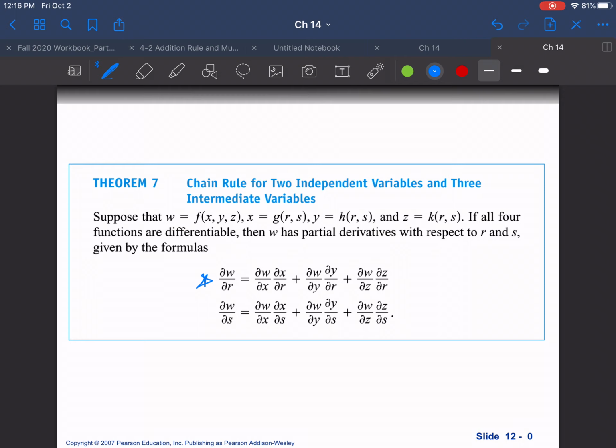Notice now the big difference here is this stayed a partial derivative, but this has become a partial derivative itself, because now x is a function of r and s, and we're taking a partial derivative there, not an implicit derivative of it. Okay, and so we treat s as a constant here.